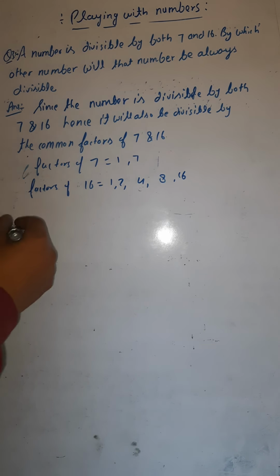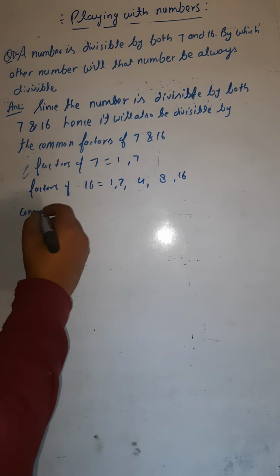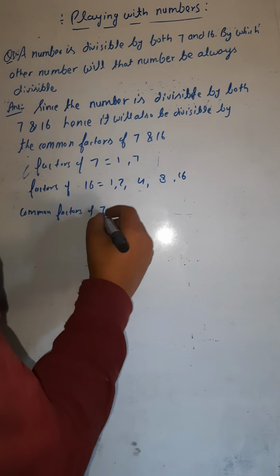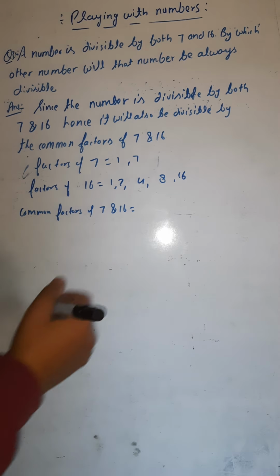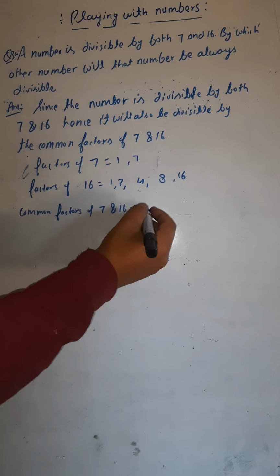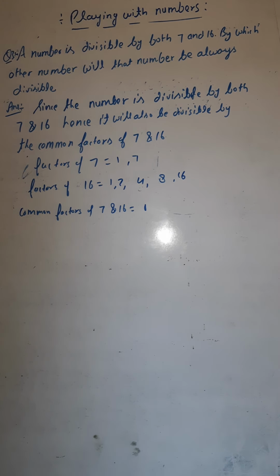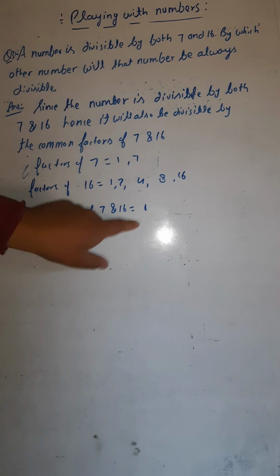So can you tell me the common factors now? Common factors of 7 and 16. What are the common factors? Only 1 is the common factor. So you would say, hence the given number would be divisible by 1 only.